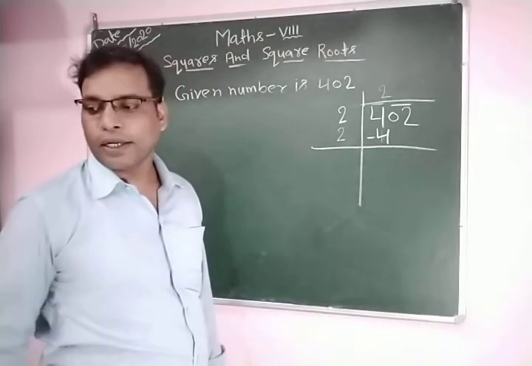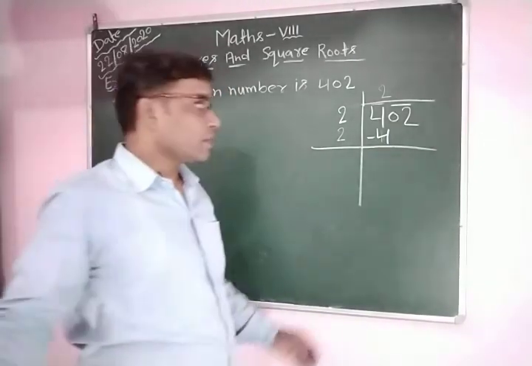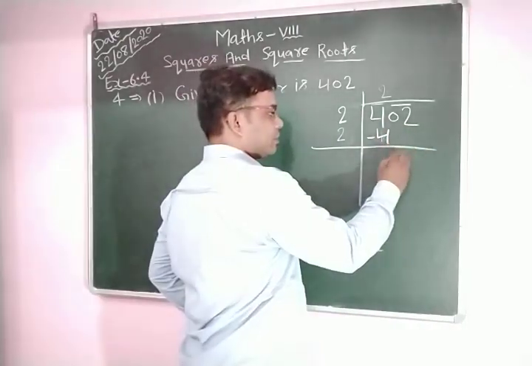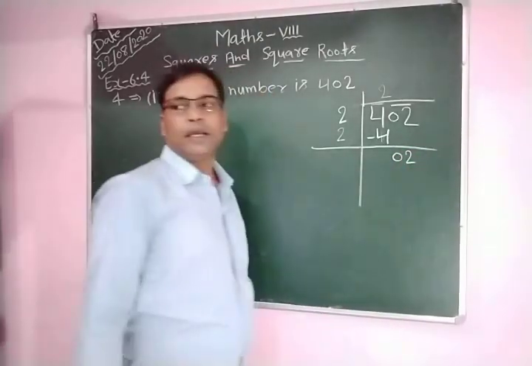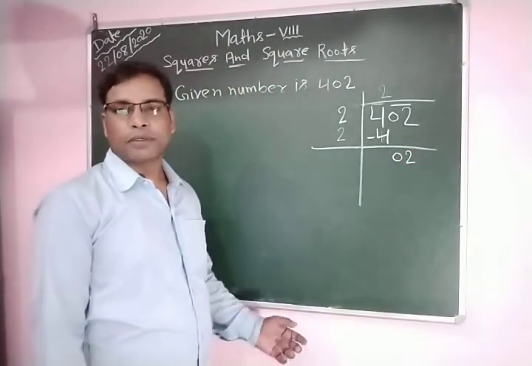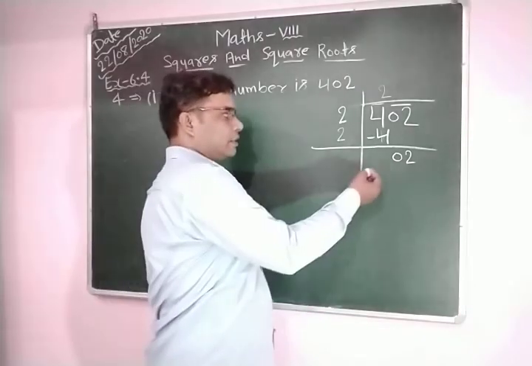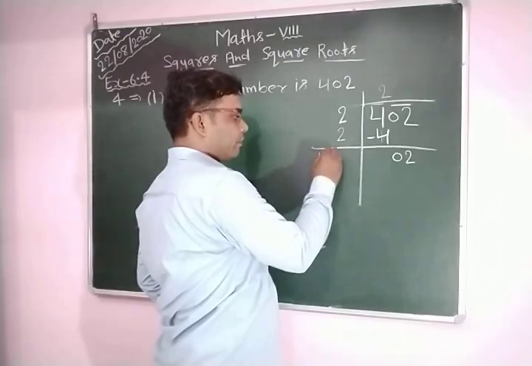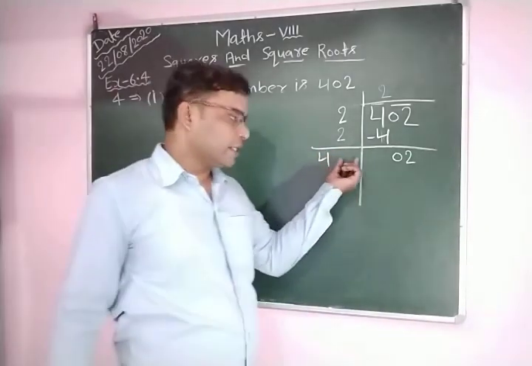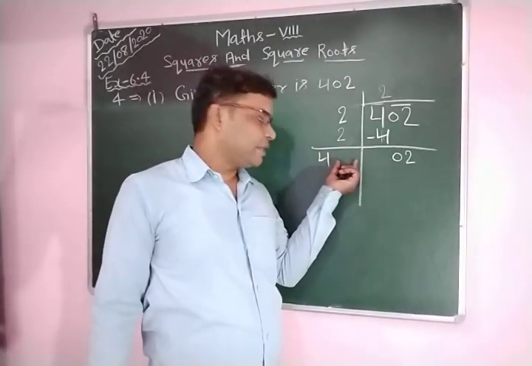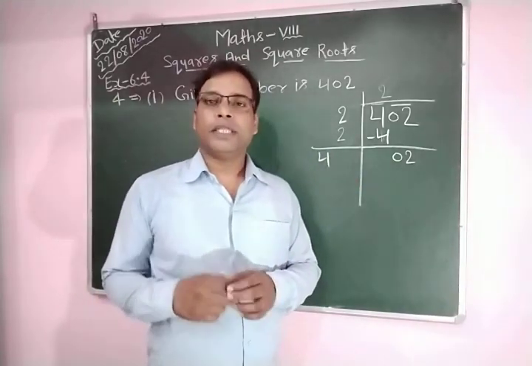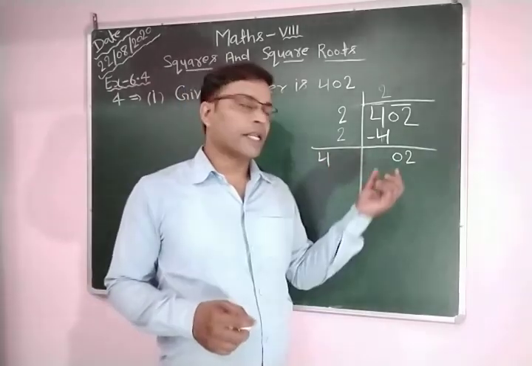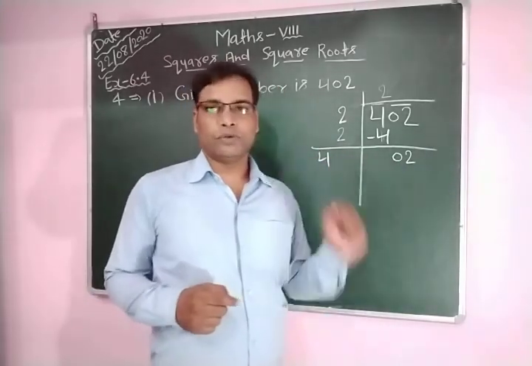If we subtract, we get 0. Now we bring down the next pair, and it becomes 02. Now 2 plus 2 is equal to 4. We enter a number in the empty place such that when multiplied by the new divisor, we obtain a product less than or equal to 02.